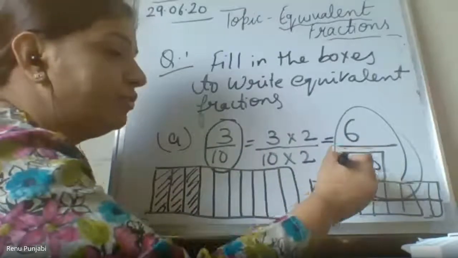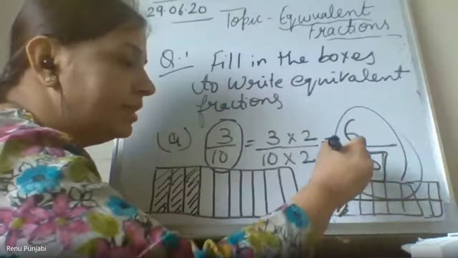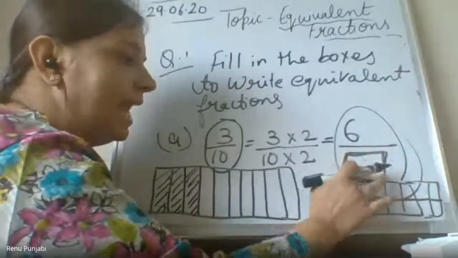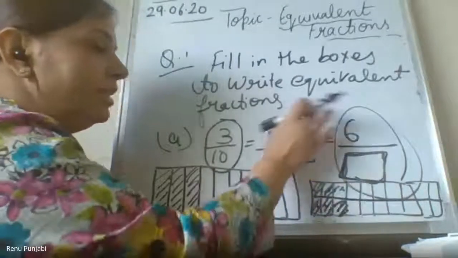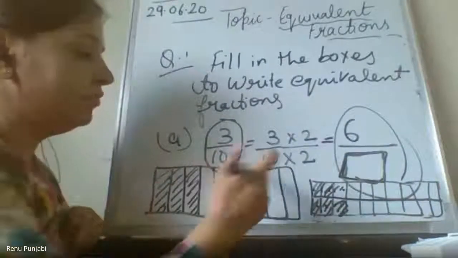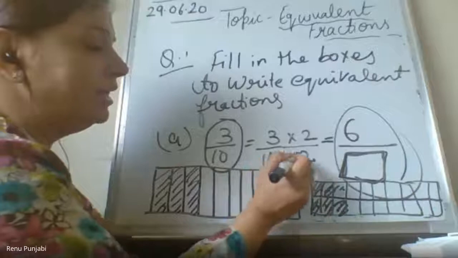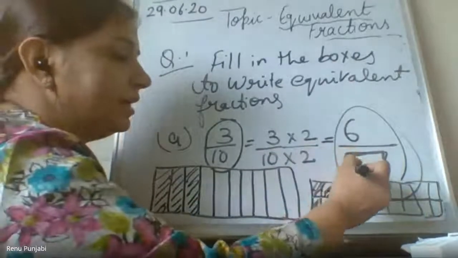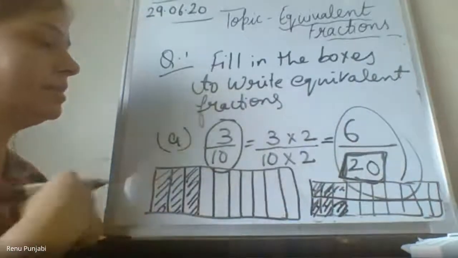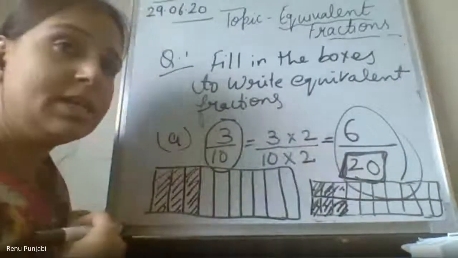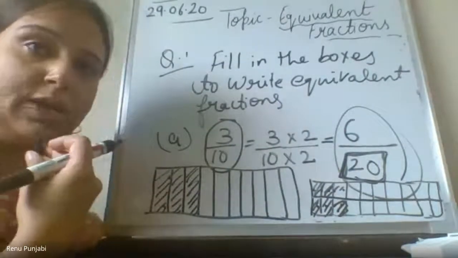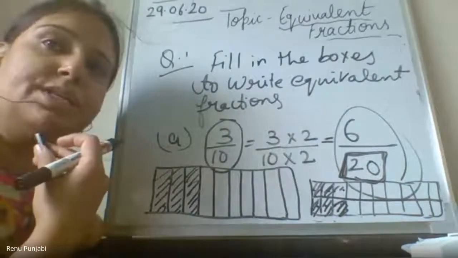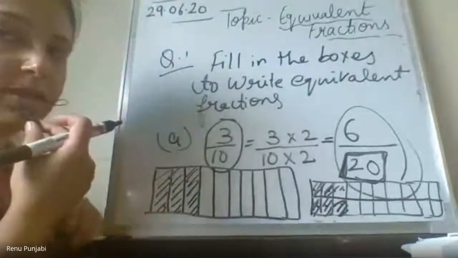Now you have to find out the value to come in this box. This was the blank box given. Everything was given to you. 10 into 2, what will you write over here? So 10 into 2 is 20. Now I am showing how these two fractions are equivalent by pictorial formation. Pictorial formation means with the picture formation.